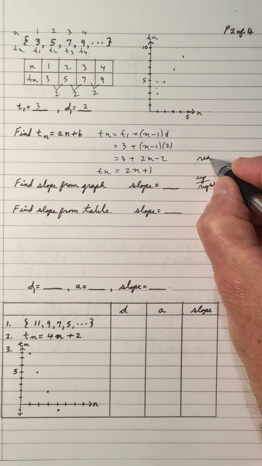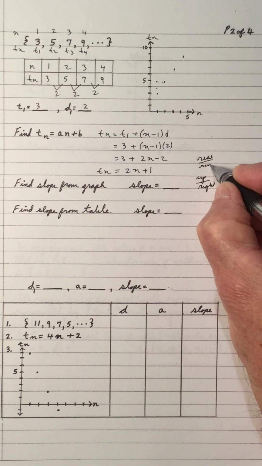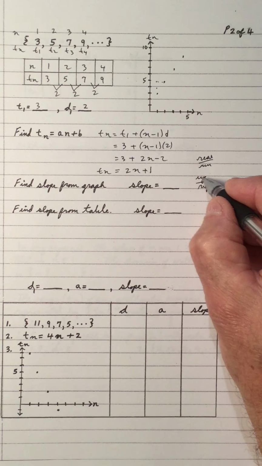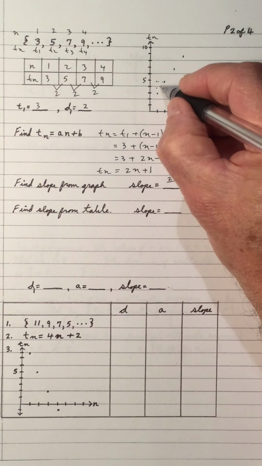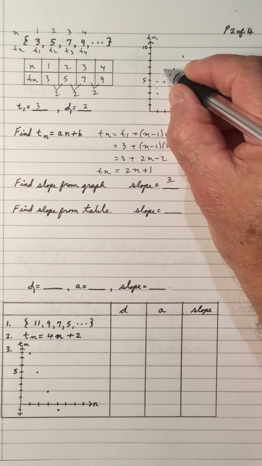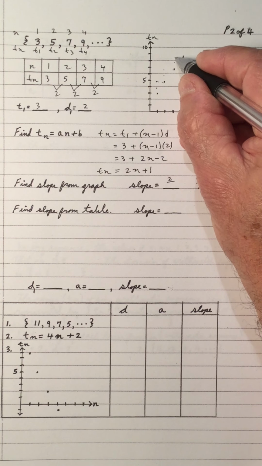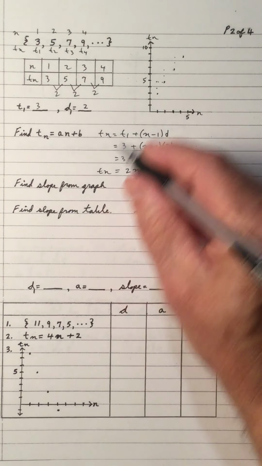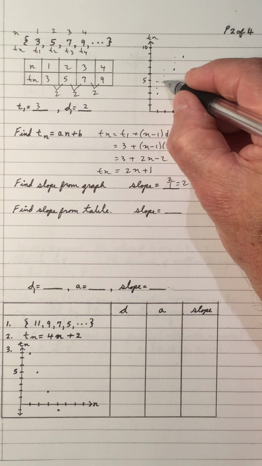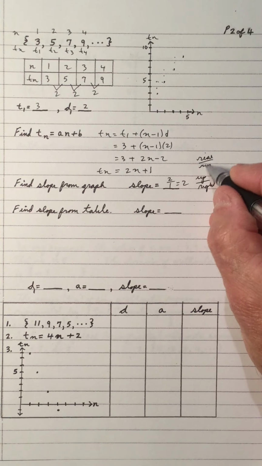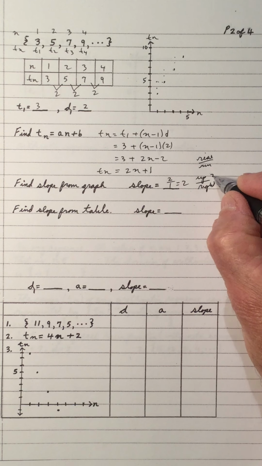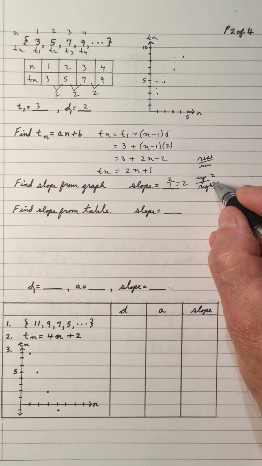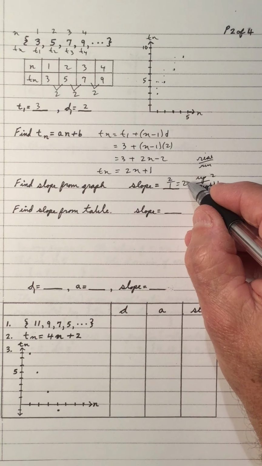So we're going up 2, right 1, up 2, right 1, up 2, right 1. So the slope is 2 when we look at the graph. Up is positive, to the right is positive, so the slope is 2.